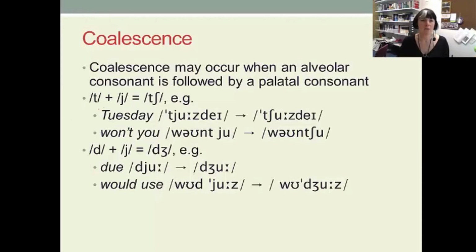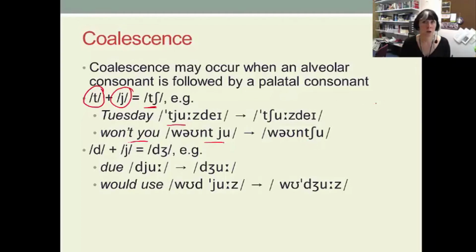If we have a voiceless alveolar plosive and it's followed by a palatal approximant, then that's often realised as a ch. So for example, Tuesday, this is very often realised as Tuesday in this accent. And won't you is very often realised as won't you in this accent.